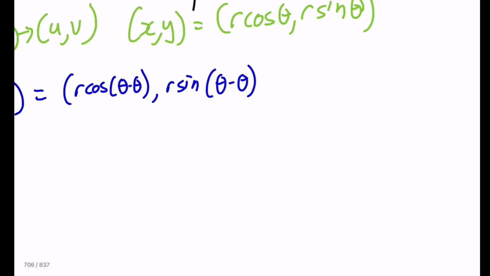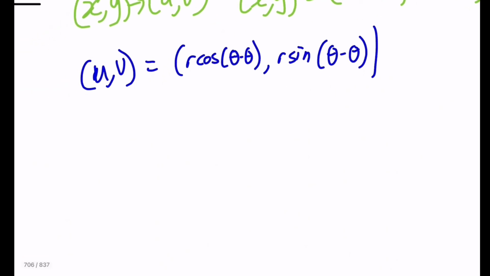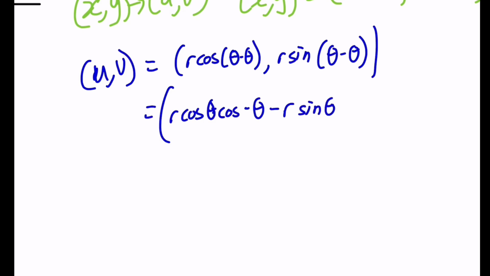And so if we separate the sines and cosines, the first is going to be r cosine theta cosine of the other theta, minus r sine theta sine of minus theta.